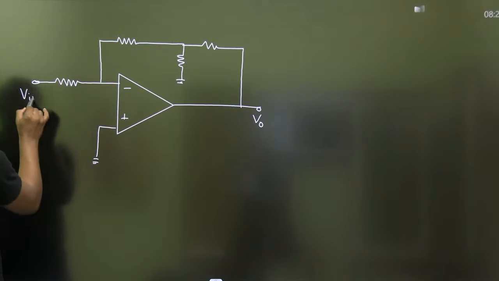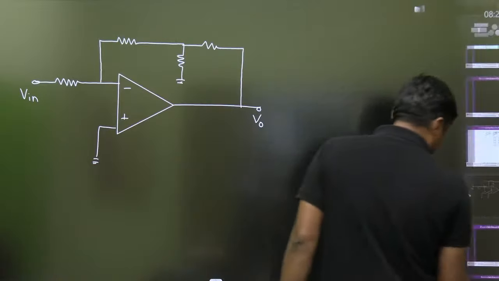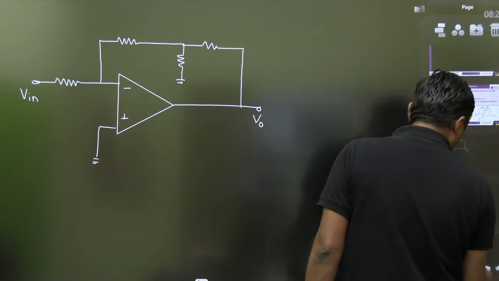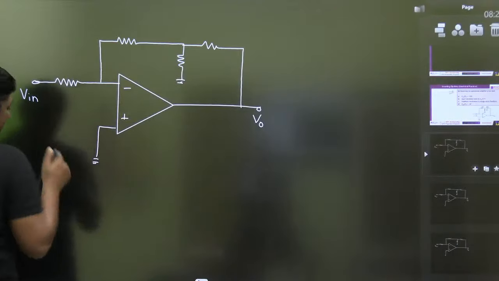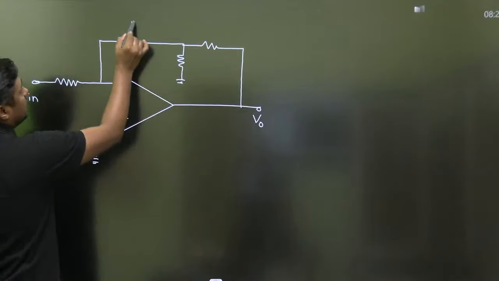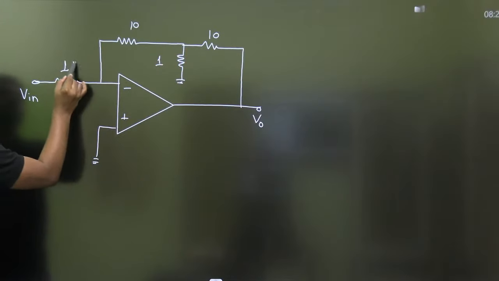This is the Vin, that is the Vout. First of all, how to get the gain, and then I will give you some silly mistakes. That is 10 kilo ohm, 1 kilo ohm, 10 kilo ohm, 1 kilo ohm.